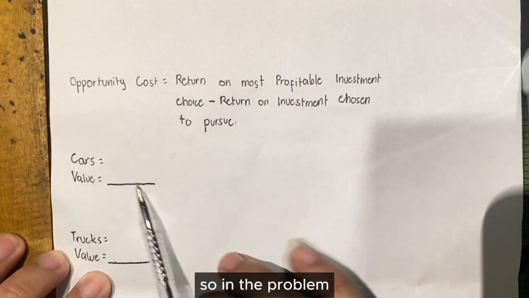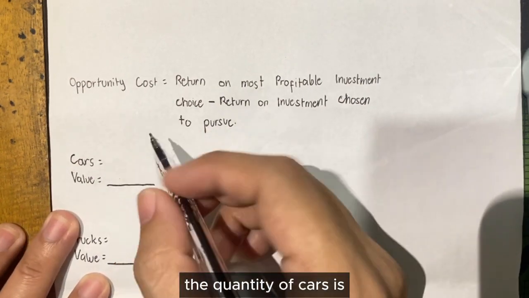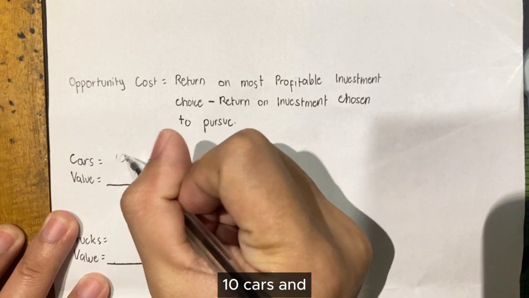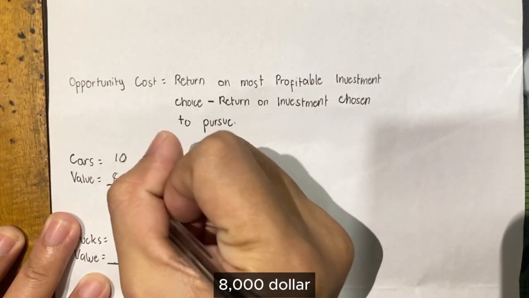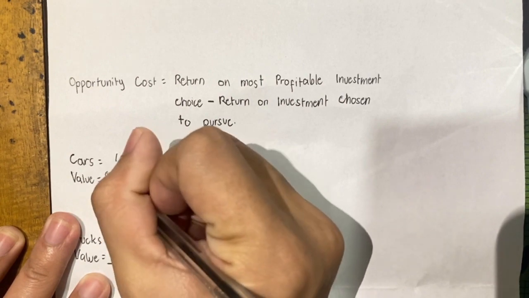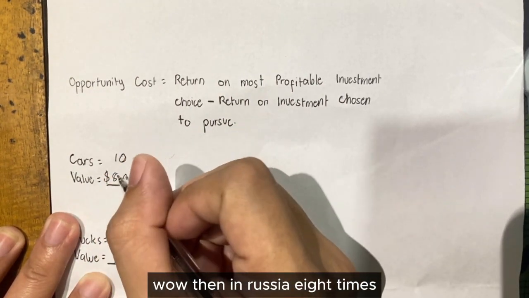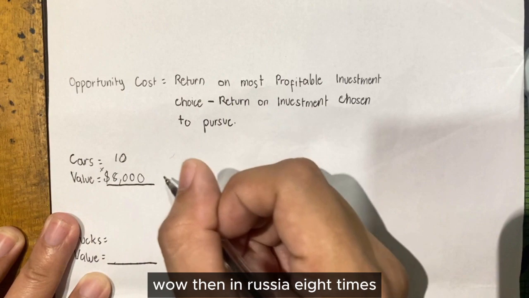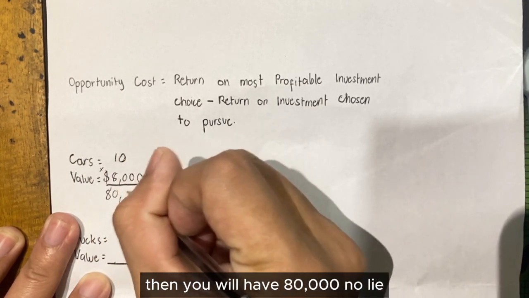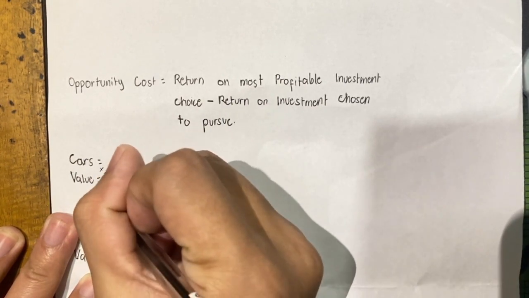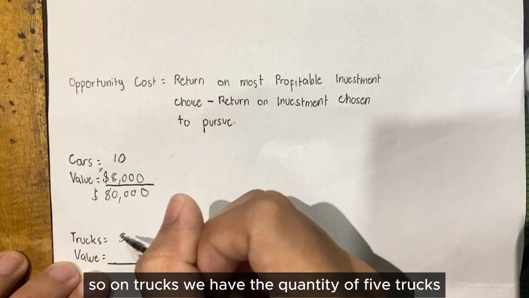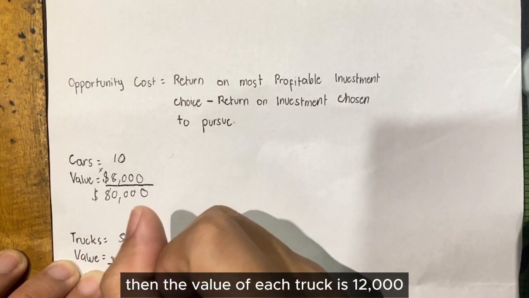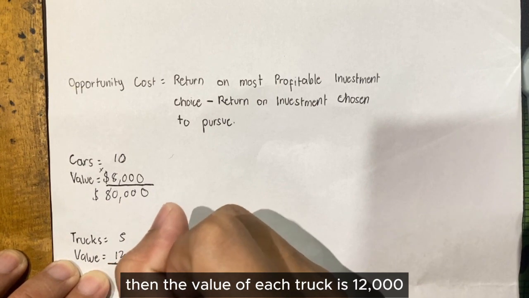So in the problem, the quantity of cars is 10 cars and the value of each car is $8,000. Multiply that, and you will have $80,000. On trucks, we have a quantity of 5 trucks, and the value of each truck is $12,000.